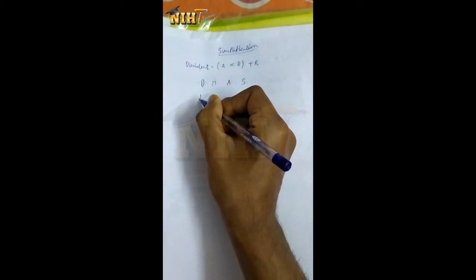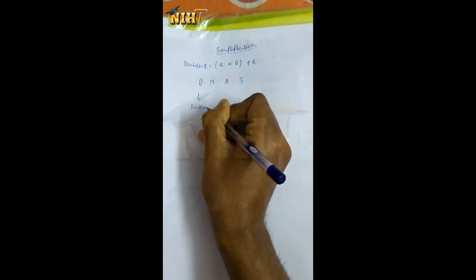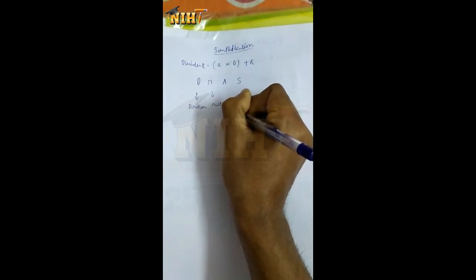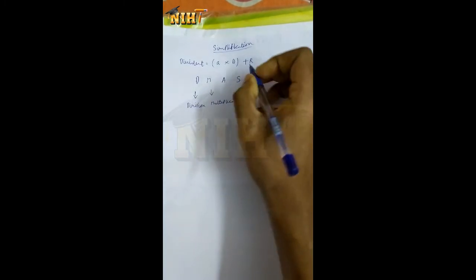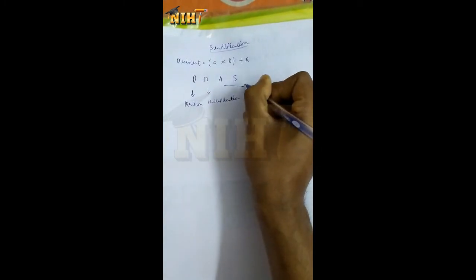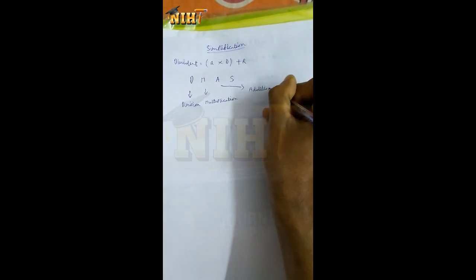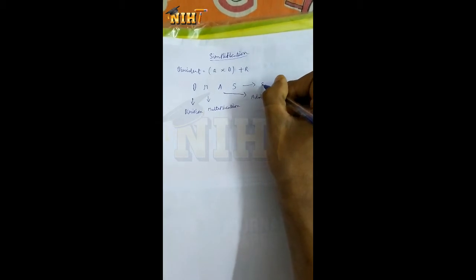D stands for division, M stands for multiplication, A stands for addition, and S stands for subtraction.